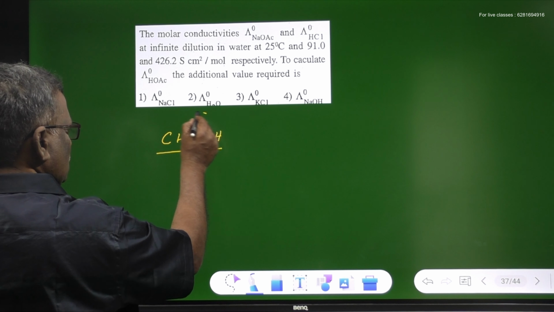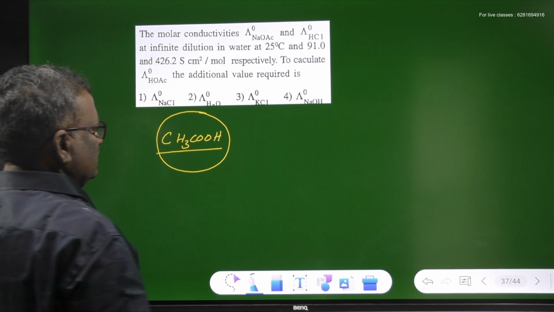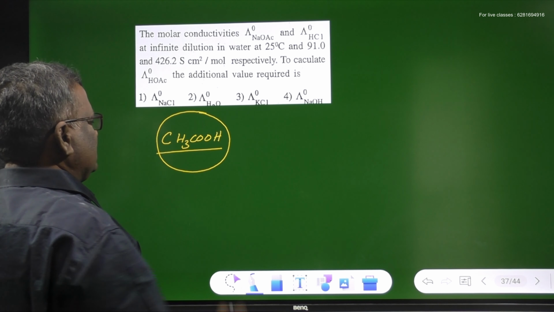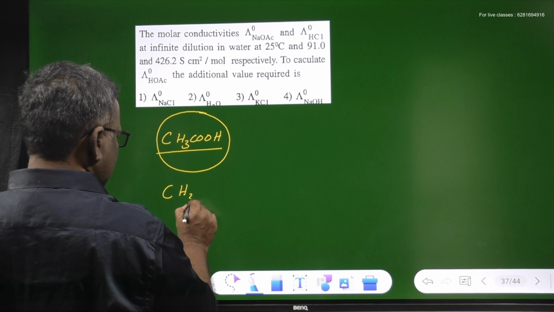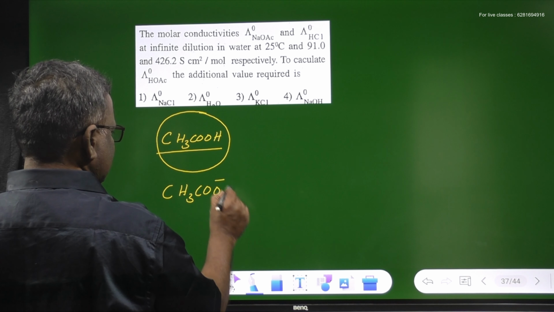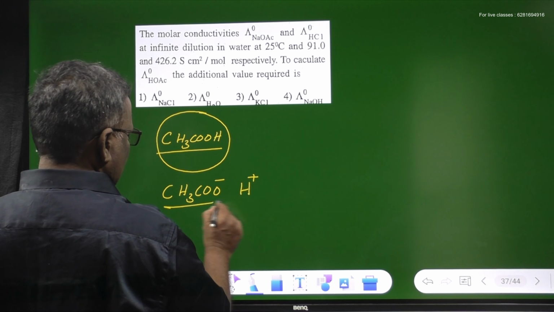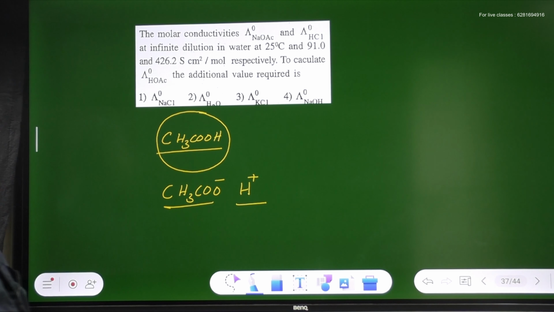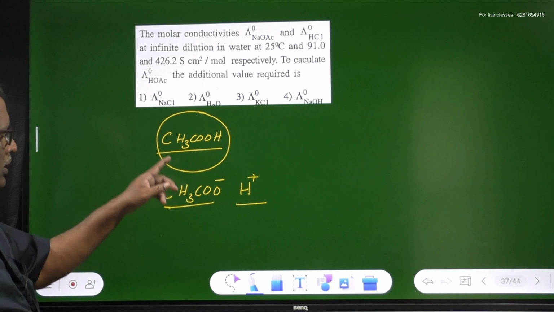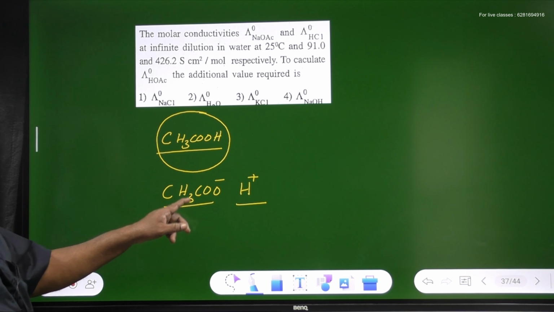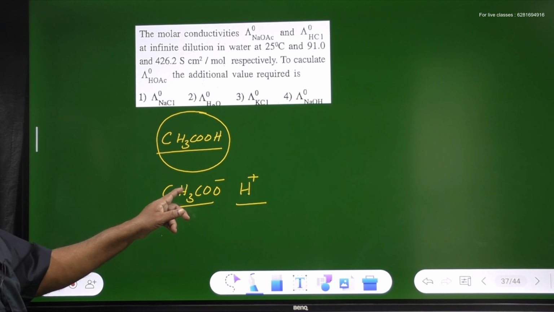So to know the conductivity of this, we require strong electrolytes which are having common ions. Here the ions are CH3COO- and H+ ions. We need to calculate the limiting molar conductivity at its infinite dilution, because it's a weak electrolyte.